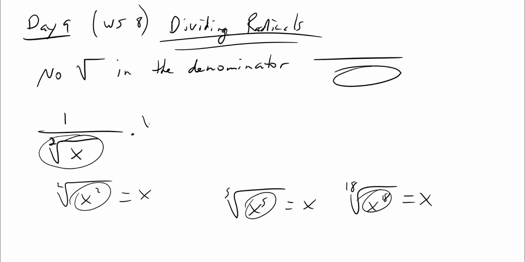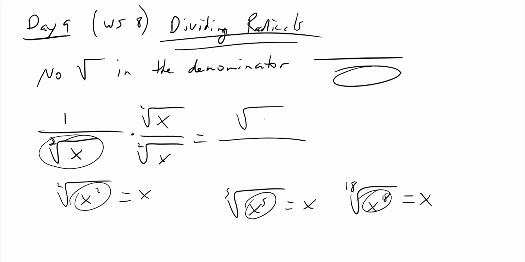So if I multiply the top and the bottom by the square root of x over the square root of x, I'm just going to look at the denominator. At the top, we get the square root of x. That's great, I don't really care about the top. The bottom now, do you guys agree I get the square root of x times x, which is really the square root of x squared?